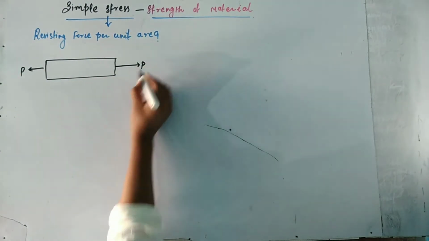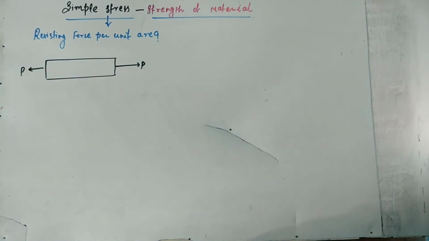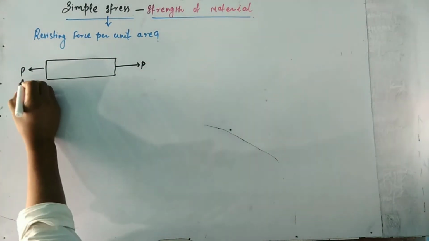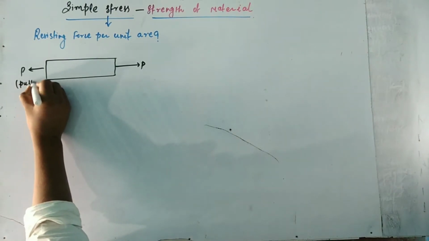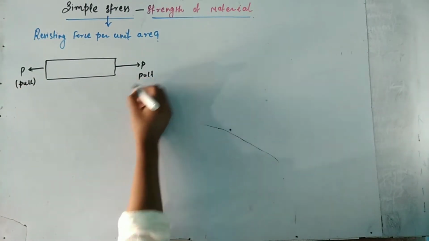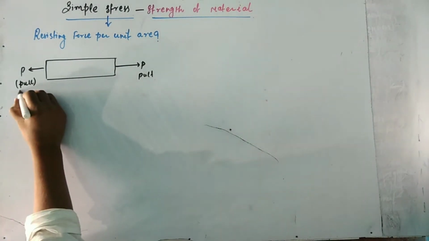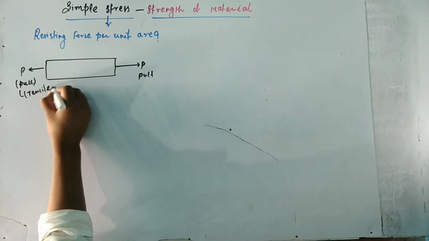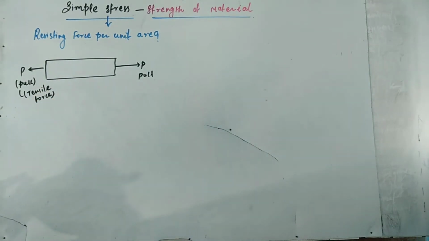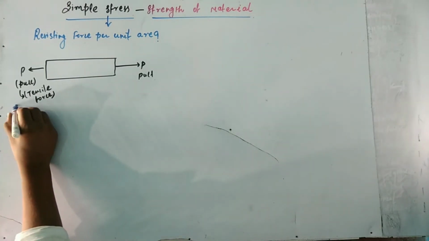So take a bar or rod. We take a rod or bar and apply the force on both sides, and this force is a pulling force. This force is applied by pull, or we can say it is a tensile force because pulling is there.